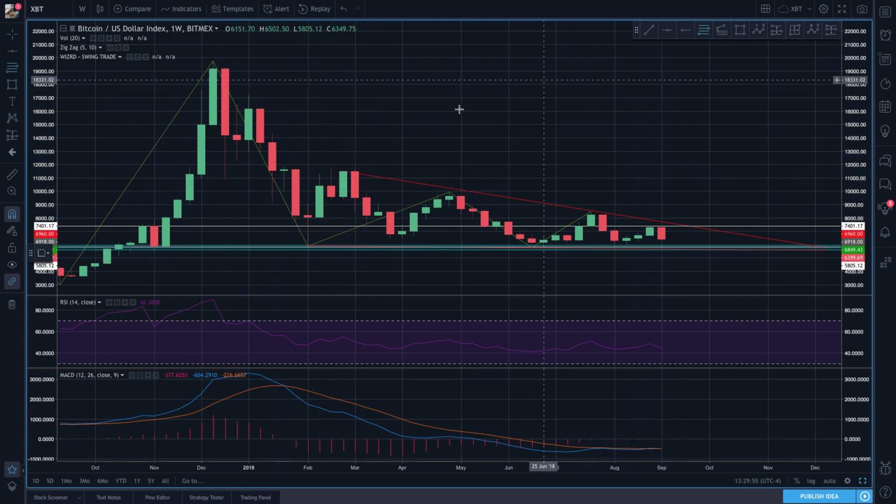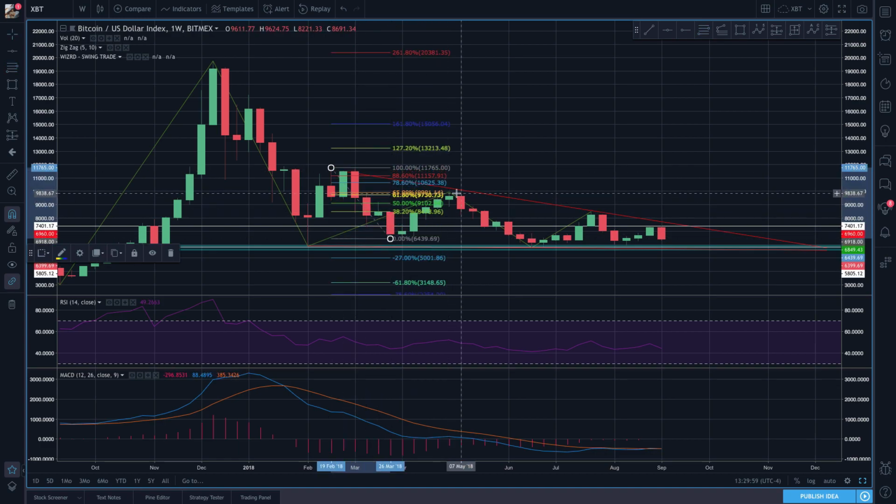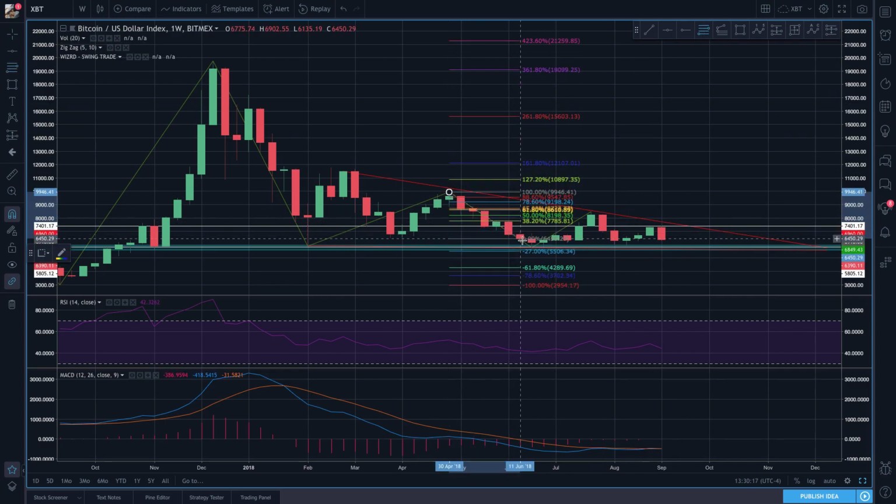So what happened when this one bounced off of it, from the high to the low? Look at this, 61.8. Again, bounced. It came down and then bounced back off. Came down from the high, bounced off the low, which was basically the previous support, and then came back up and was rejected out of the 61.8. This one right here, what if we do this?